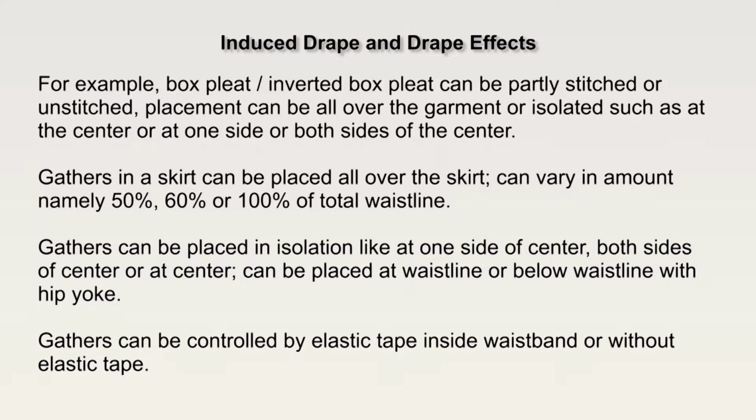Gathers can be placed in isolation, like at one side of center, both sides of center or at the center, and can be placed at the waistline or below the waistline with a hip yoke. Gathers can be controlled by elastic tape inside the waistband or without the elastic tape also.